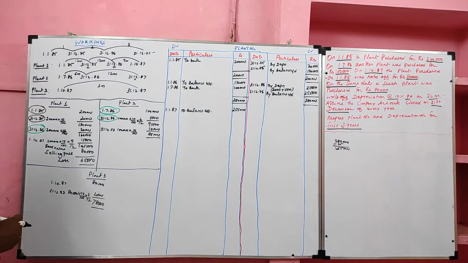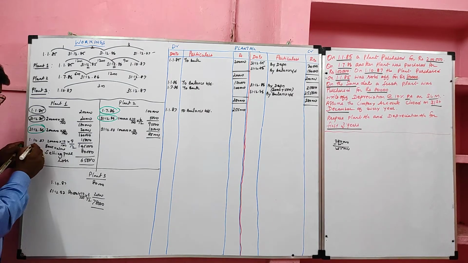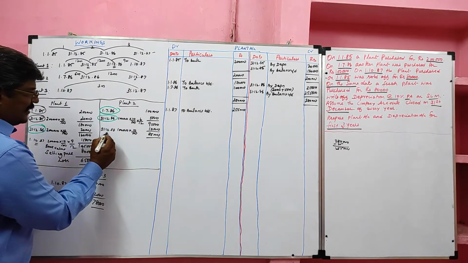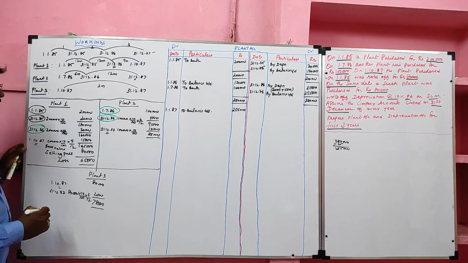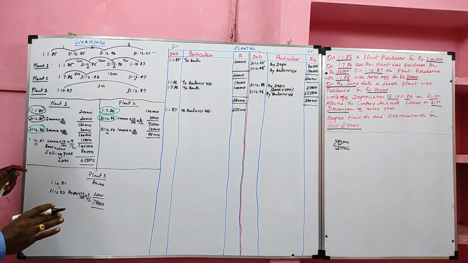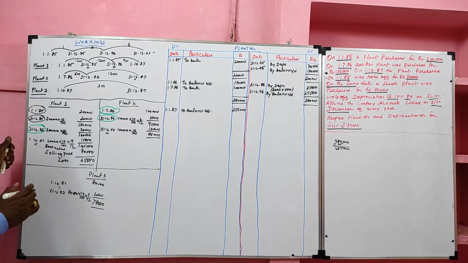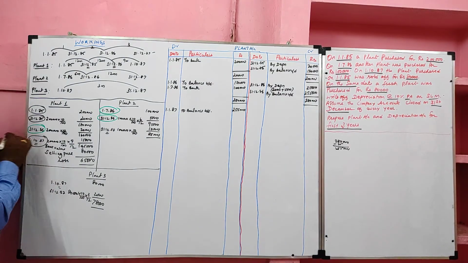Then look at the transactions relating to 1987. The first plant, the second plant and the third plant are all related to 1987. First we will go as per the date. First we will take the first plant transaction.